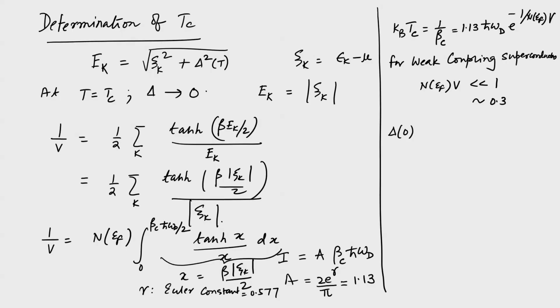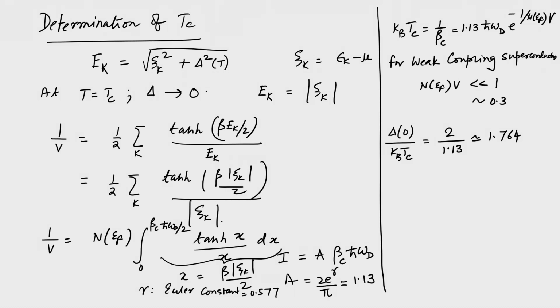If you please go back and check that, this really tells you that this is equal to 2 divided by 1.13, which is almost equal to 1.764. So, which means that delta, the gap at T equal to 0, is really of the order of Tc. It is slightly higher than Tc, it is 1.76 times higher than Tc.